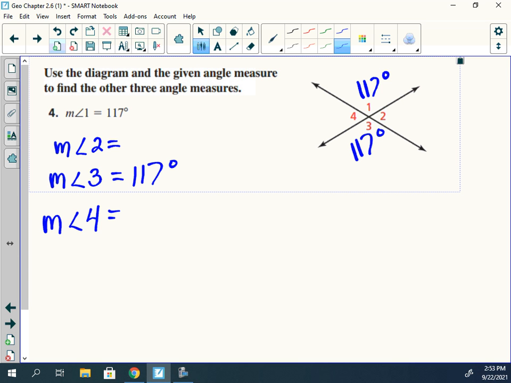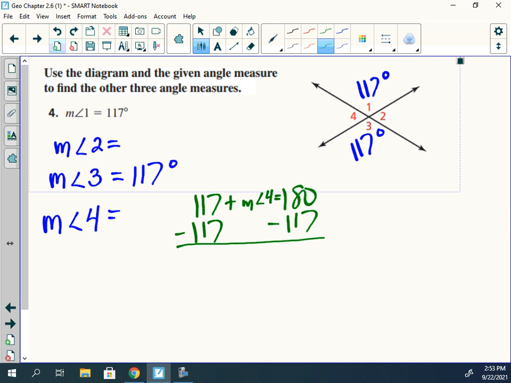Now, how could I find the measure of angle 2 or 4? Yes. Because really what we're saying is that 117 degrees plus the measure of angle 4 is equal to 180. So if we subtract 117 from 180, we get 63.